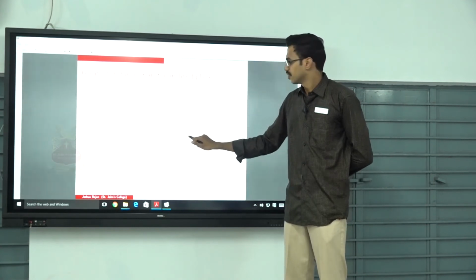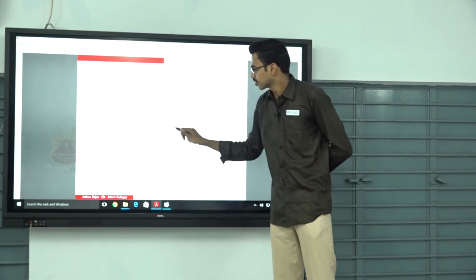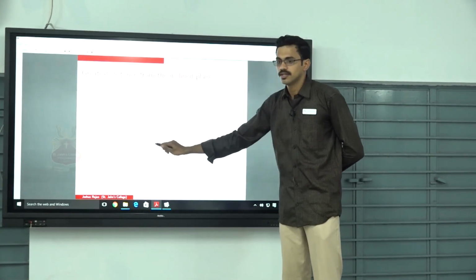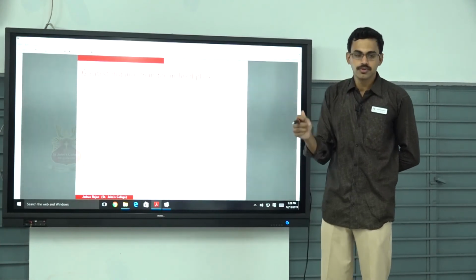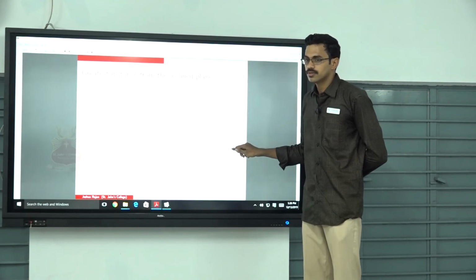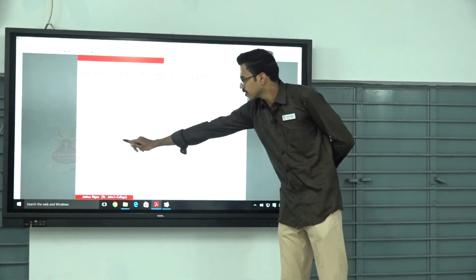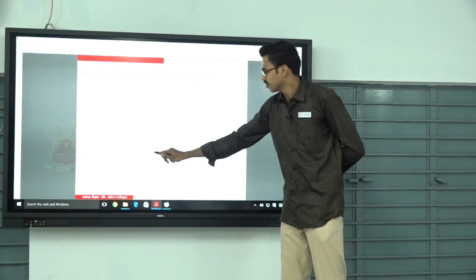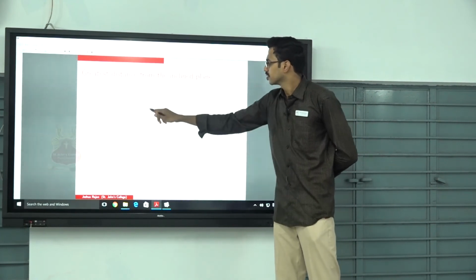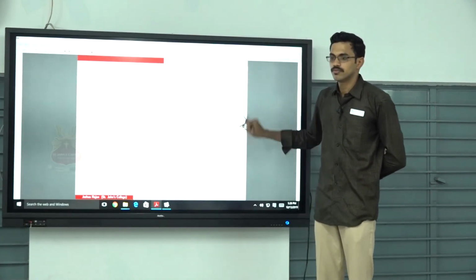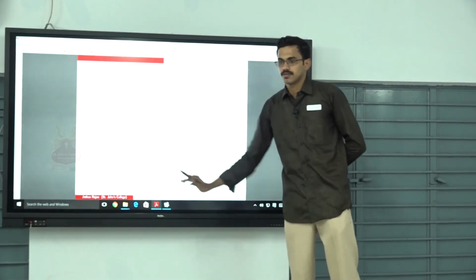So equating dy by dt equal to 0 and finding that t, at that t value, since the second derivative is negative, the function becomes maximum. So equating dy by dt equal to 0 and finding t, and substituting this in equation number 2, we get that maximum value.